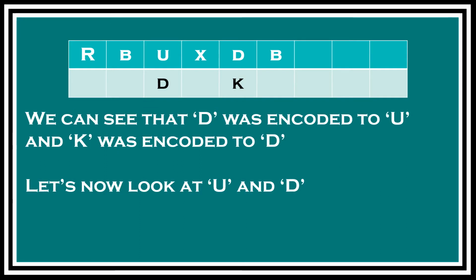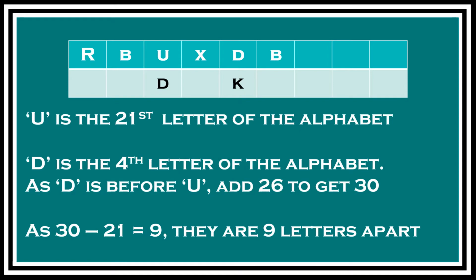Now we can see that D in the original message was encoded to U, and K in the original message was encoded to D. Let's have a look at those two letters, U and D. So U is the 21st letter of the alphabet, and D is the fourth letter of the alphabet.